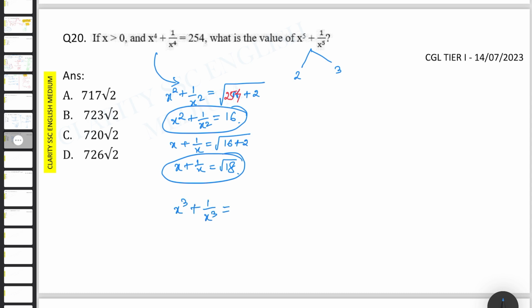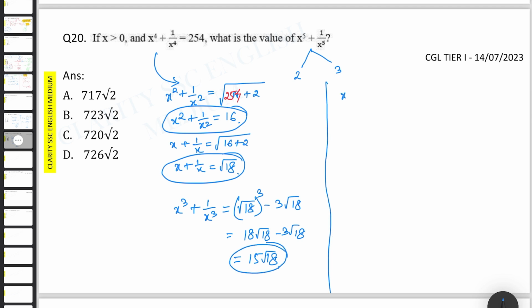This is nothing but root over 18 whole cube minus 3 root over 18. So 18 root over 18 minus 3 root over 18, so 15 root over 18. We get this value.